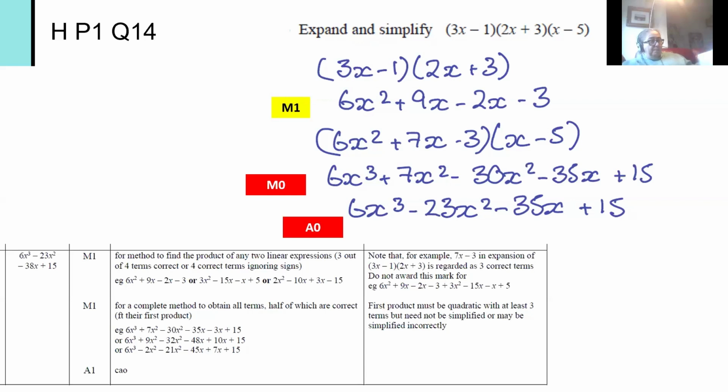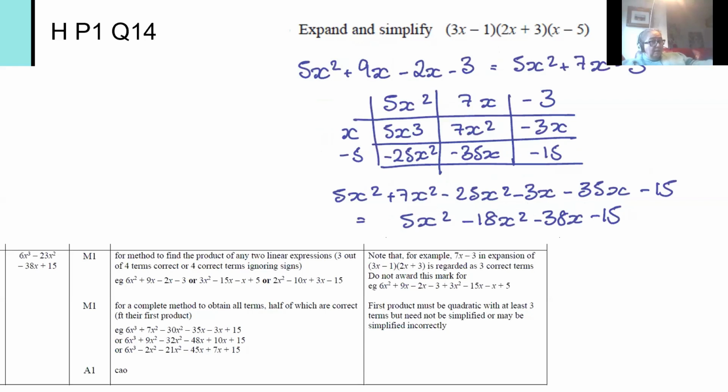But then looking at doing a grid method, they've expanded the first 2 brackets correctly. 3 of the 4 terms are correct. And the X term is incorrect.